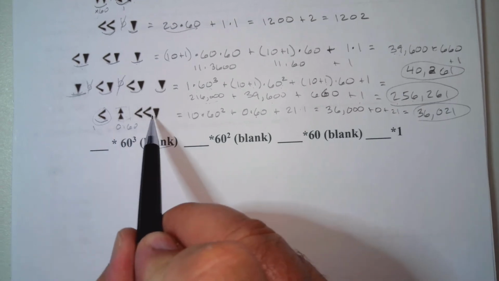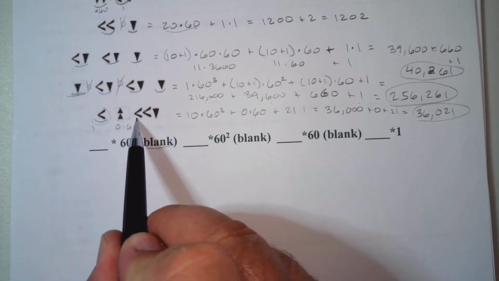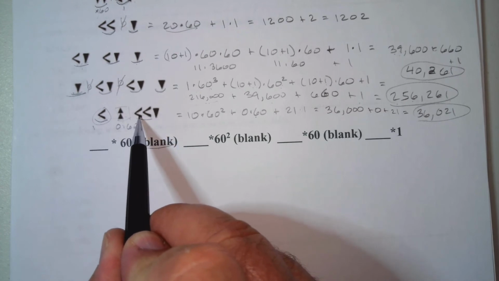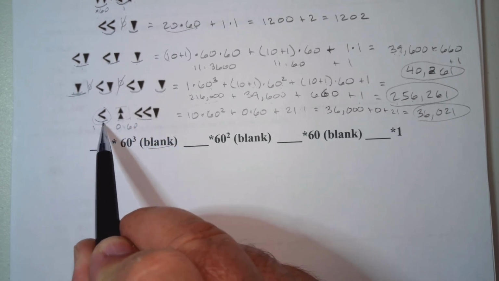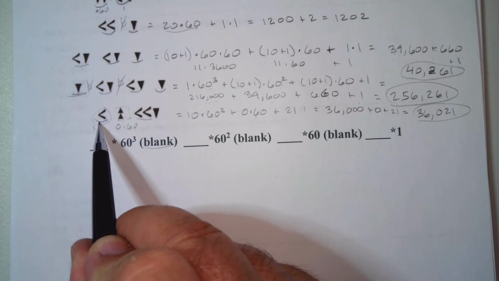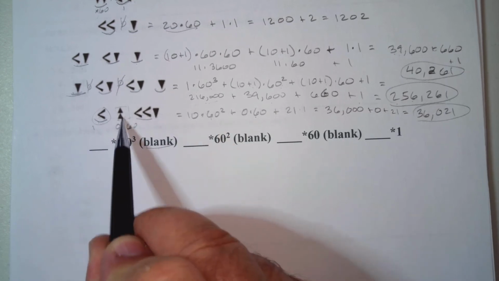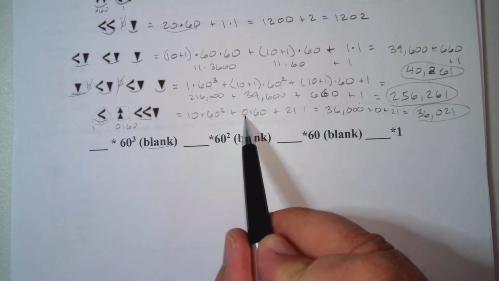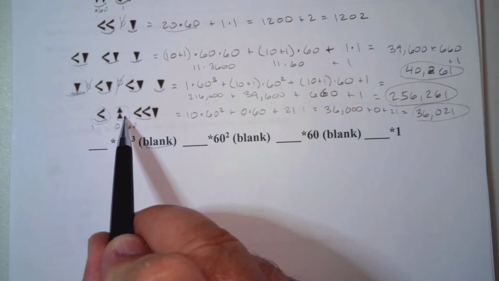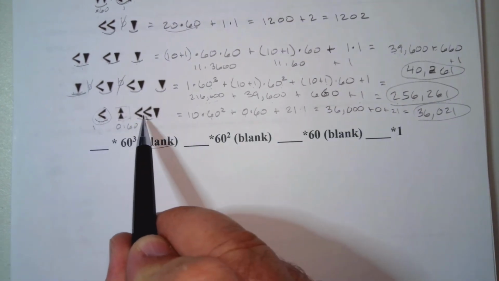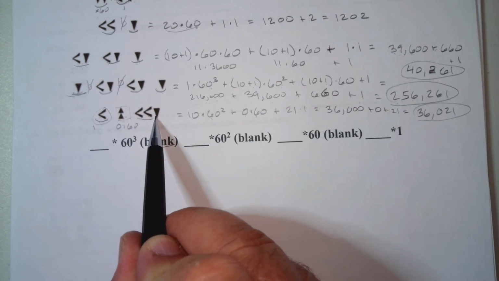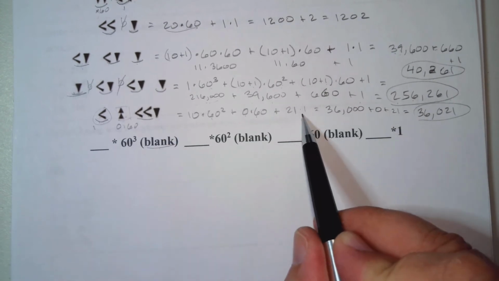And the last one, okay, we have 3 sets of numbers. We have the ones, the 60s, and 60 times 60. So it's 10 times 60 squared. That's a 0 times 60 in the second group. And then 21 in the ones.